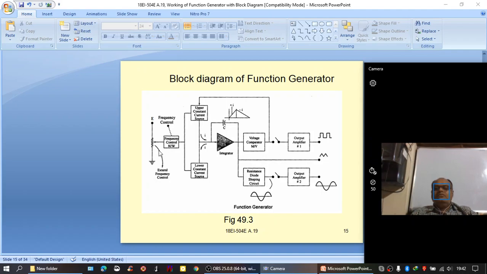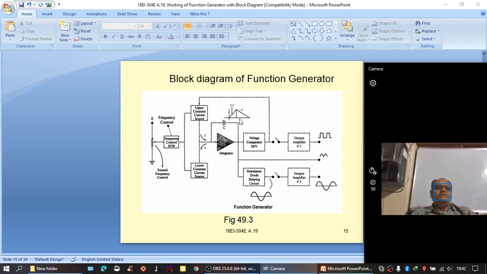Now, what is the function of this potentiometer? As I already told, it varies the current flowing through the capacitor. So the higher the current, the less time the capacitor takes to charge to its maximum value. So its charging time will be less. Obviously, discharging time also would be less.